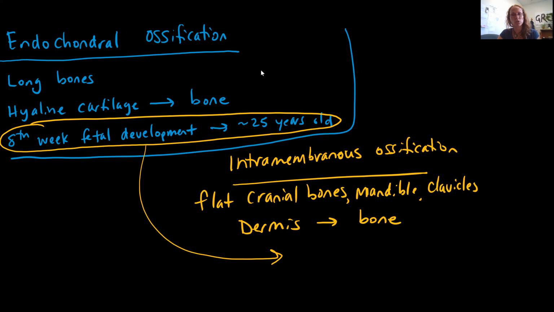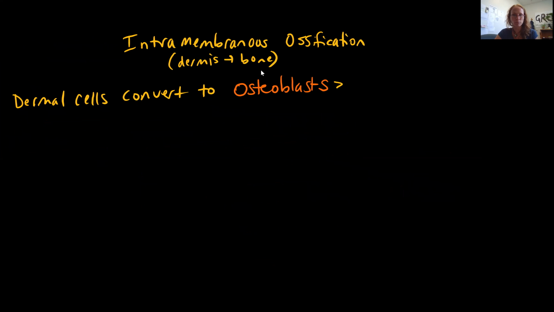In this case, you're looking at the conversion of dermis into bone, and this is happening really with, I think, 6 bones. So the flat cranial bones, so that would be frontal, parietal, occipital, and temporal. And then your mandible and your clavicles. Okay, so 6 of our bones are formed through the intramembranous ossification, so that means everything else is through endochondral.